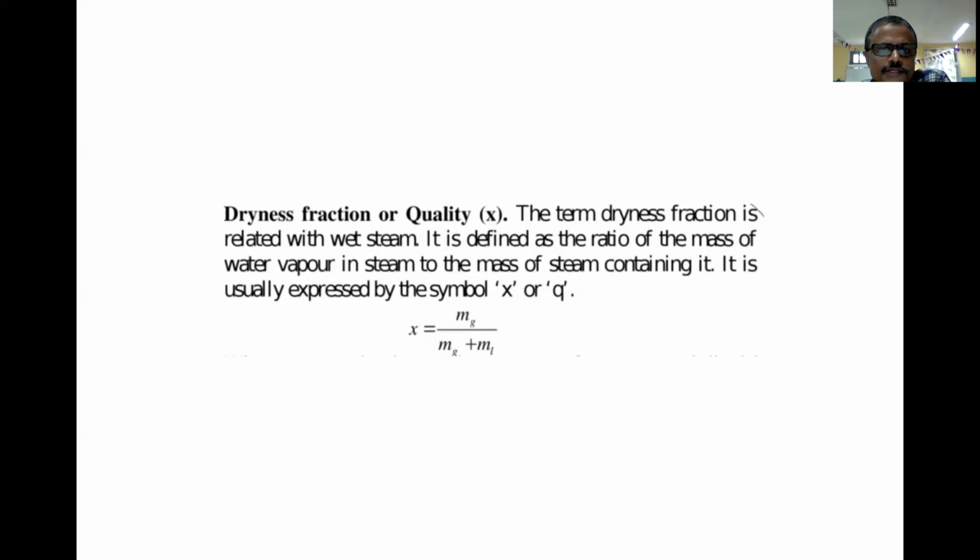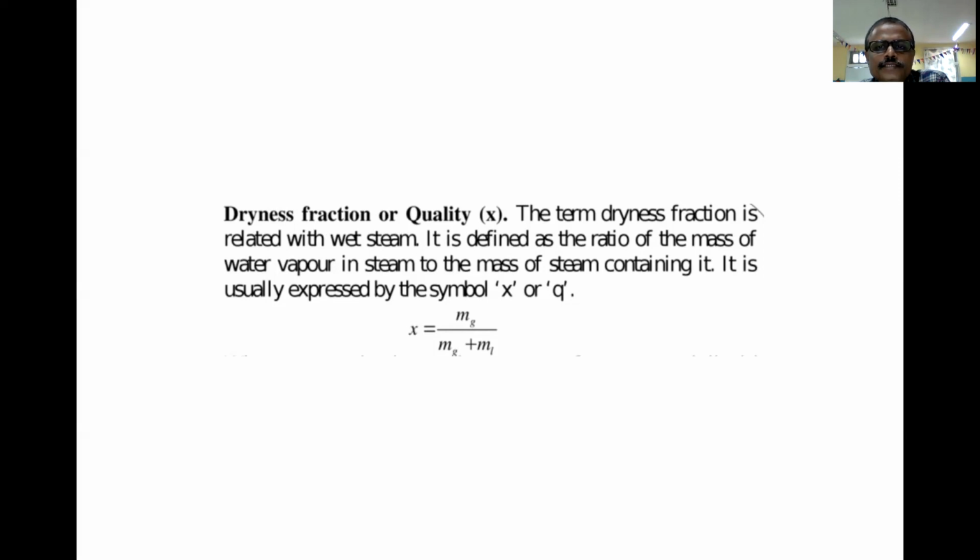If the steam is wet, you will have one type of dryness fraction. If the steam is dry, you will have another type of dryness fraction. So basically the term dryness fraction tells you the quality of the steam. So it is related to wet steam.